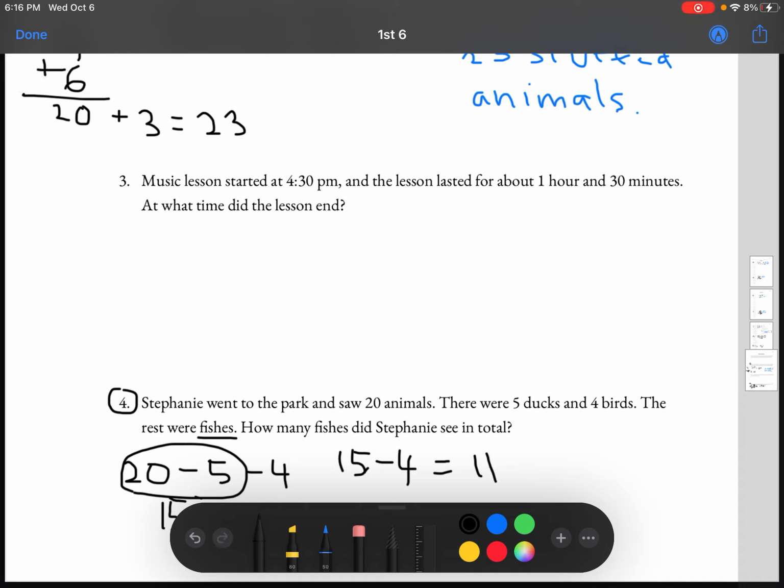So this means that there were 11 fish in total.